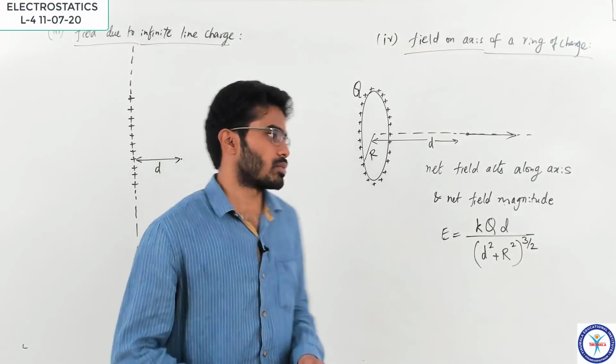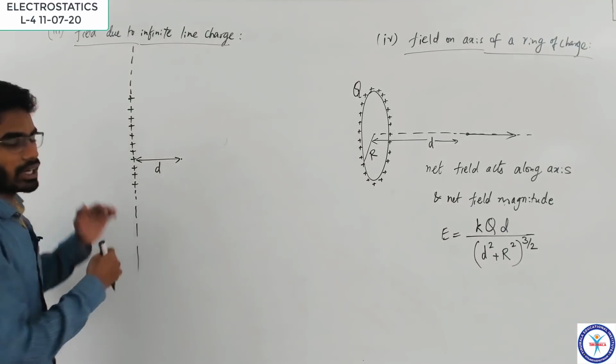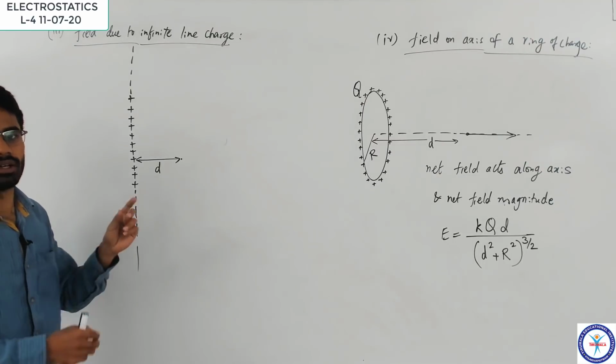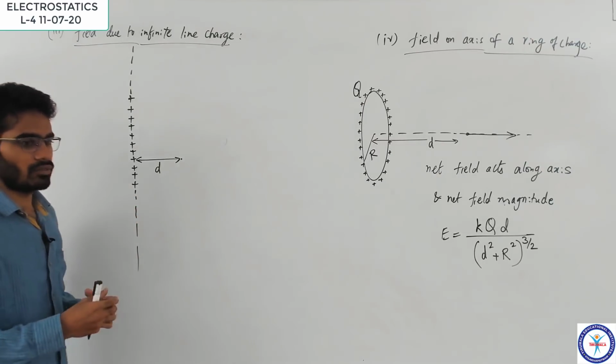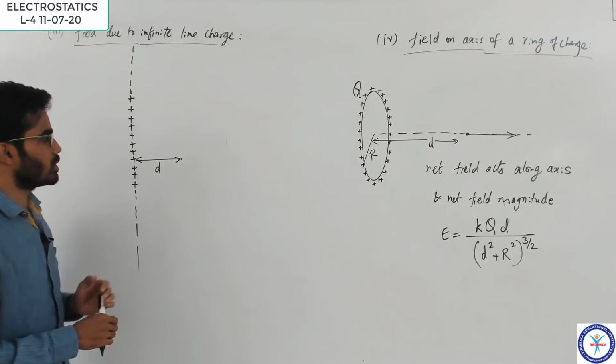So the next charge distribution is the infinite line charge. Now we don't have a finite line charge. Now the line charge is extending to infinity, very long. In practice, you don't have infinite line charges possible. This scenario is an approximation.